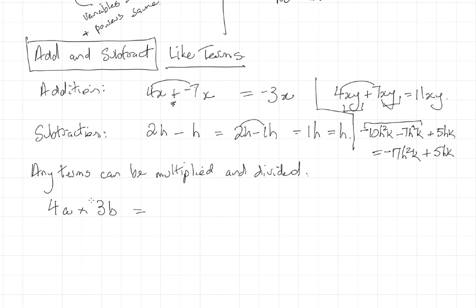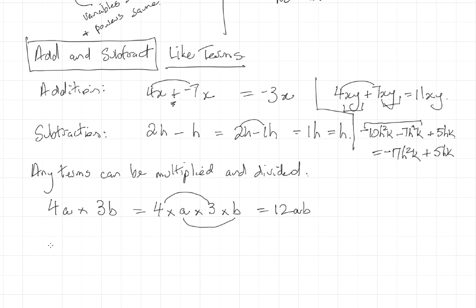What we can do is we can do multiplication in any order. So that's 4 times a times 3 times b. Understood between that 4 and a is a times, understood between the 3 and the b is a times. We simply just multiply the numbers together. 4 times 3 is 12. And then we multiply the variables together and we get ab. So it's 12ab. That's multiplication.